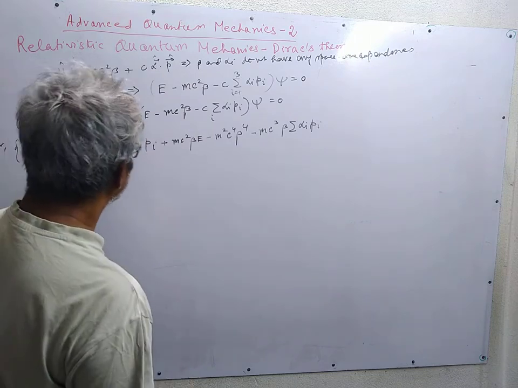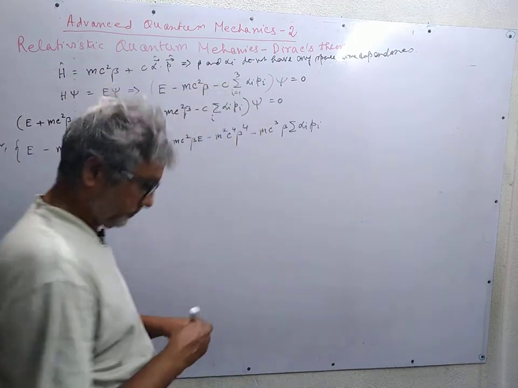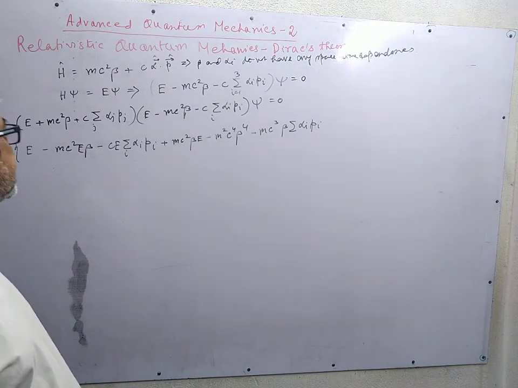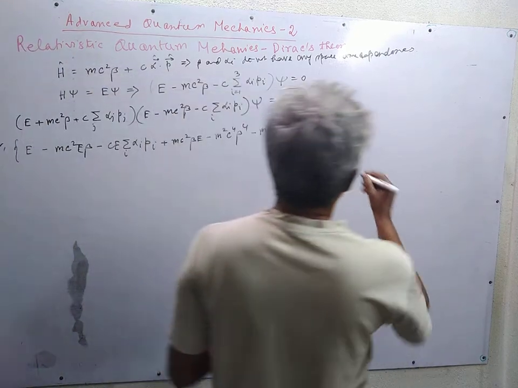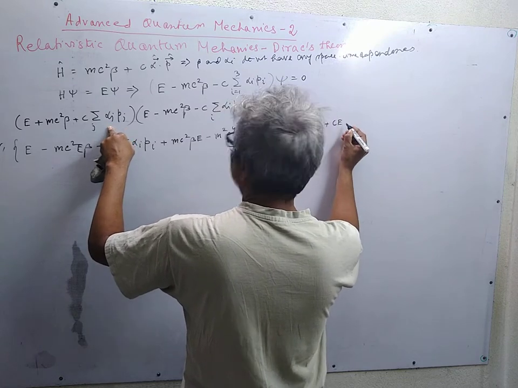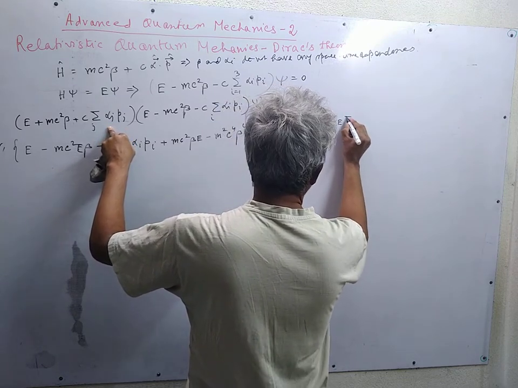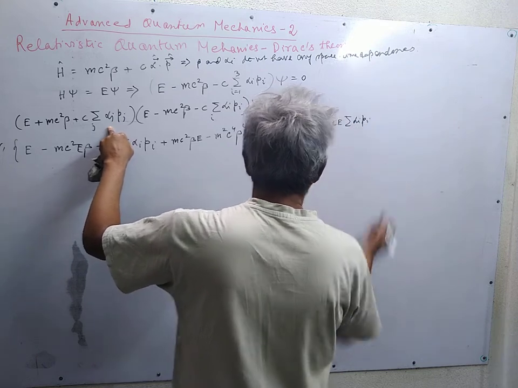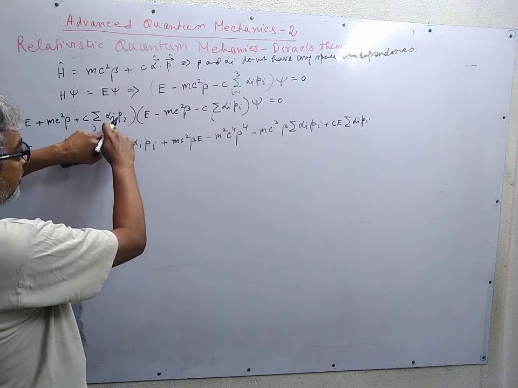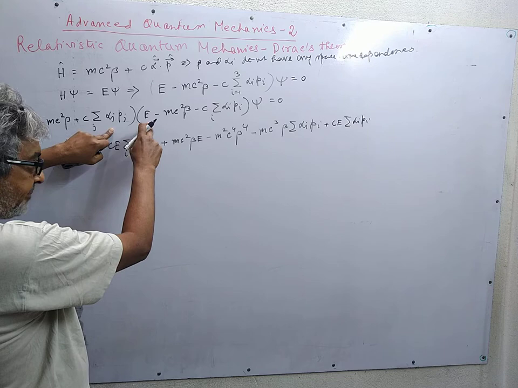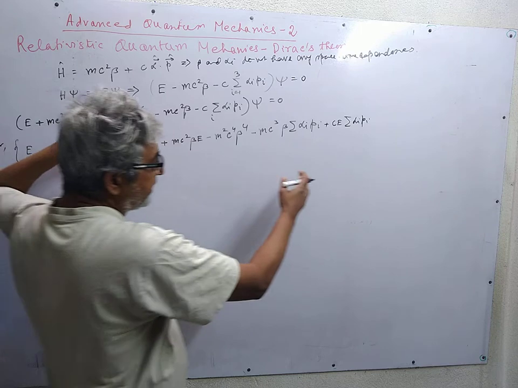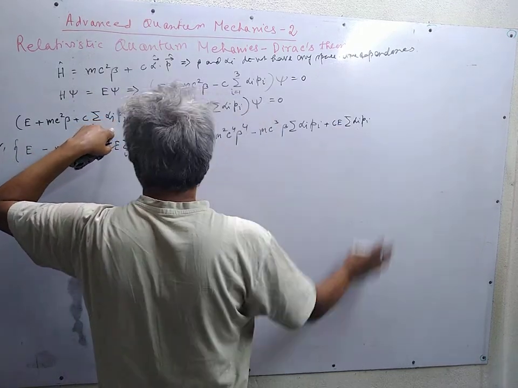Then we have three terms originating from the last factor. The first term is plus c E summation over alpha i p i. Here, note that first alpha appears, then alpha p appears, then E appears, and as alpha commutes with E or any other variable, we have changed the order here.